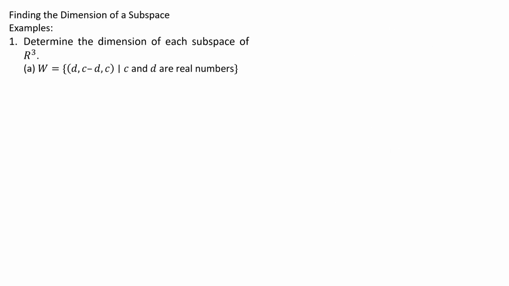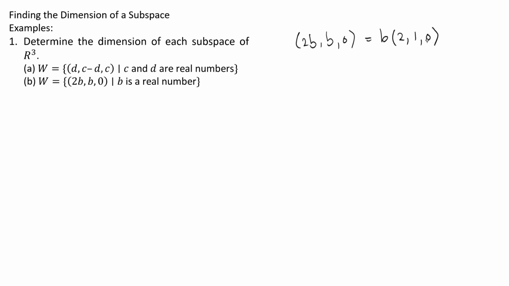Now let us try this next given for W. So W is the set containing the vectors of the form (2b, b, 0), where b is a real number. So the representative vector (2b, b, 0) can be written as b(2, 1, 0).